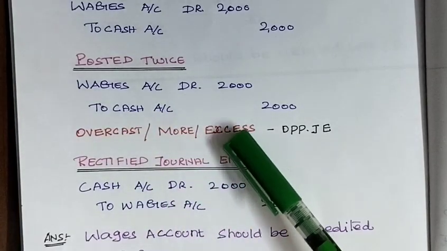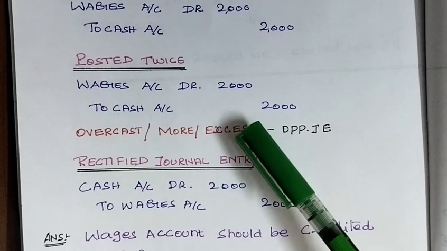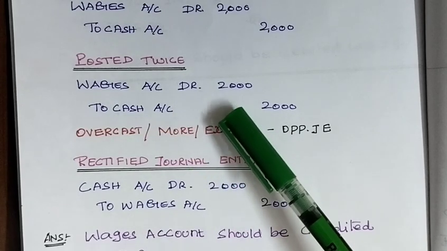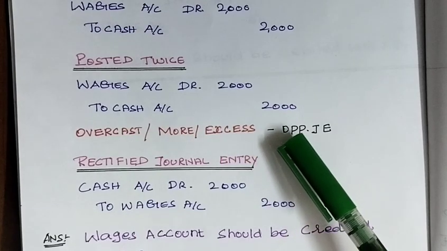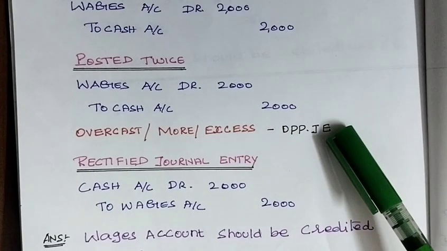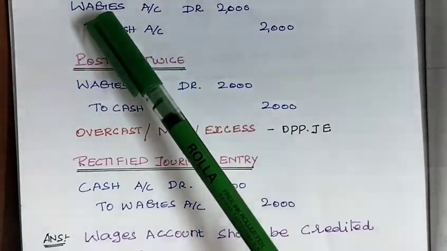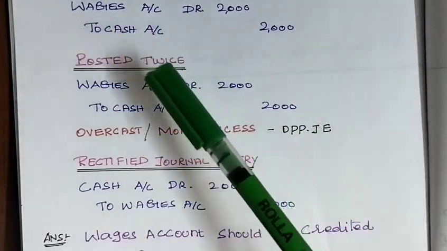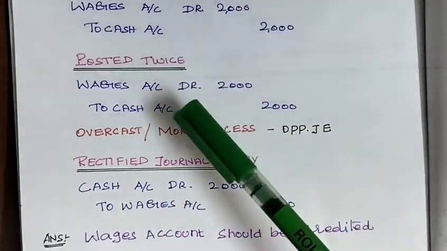So what do we have to do? How do we rectify this transaction? We have to write the opposite journal entry. The correct journal entry for payment of wages is wages account debit 2,000 rupees to cash account. He posted twice. How do we rectify it?